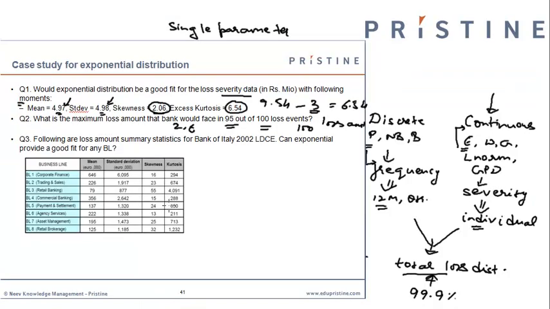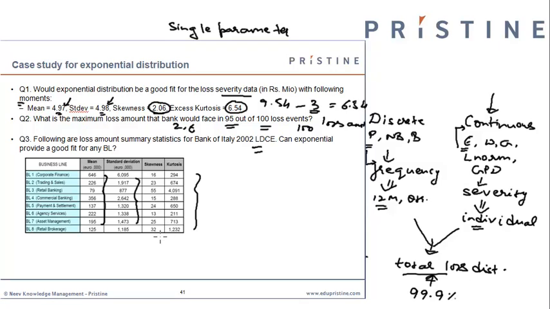Now let us look at this summary of Bank of Italy 2002 loss data collection exercise. Can we conclude that exponential distribution will be a good fit for any of the business lines? Now we can see across all the business lines there is a large difference between mean and standard deviation.